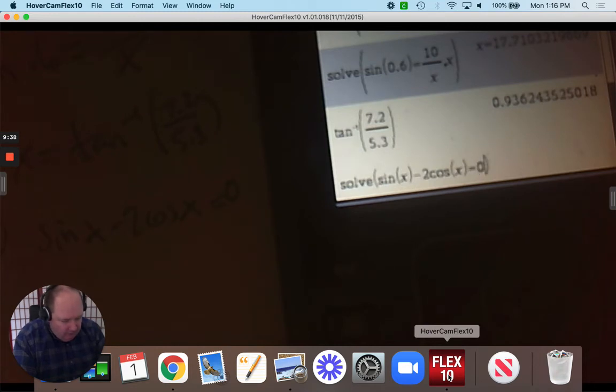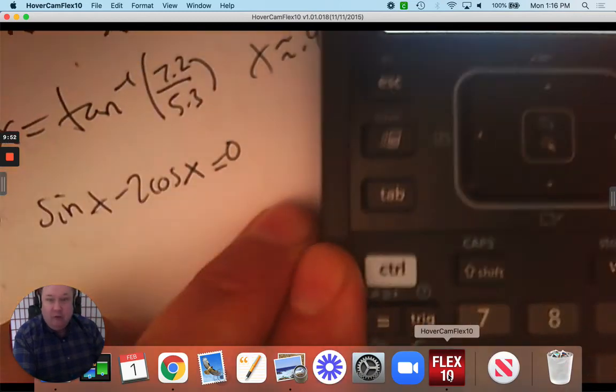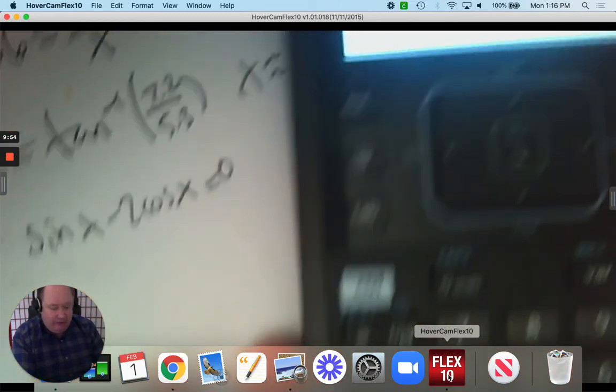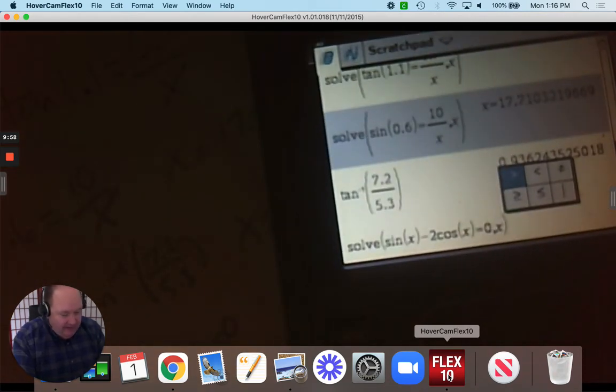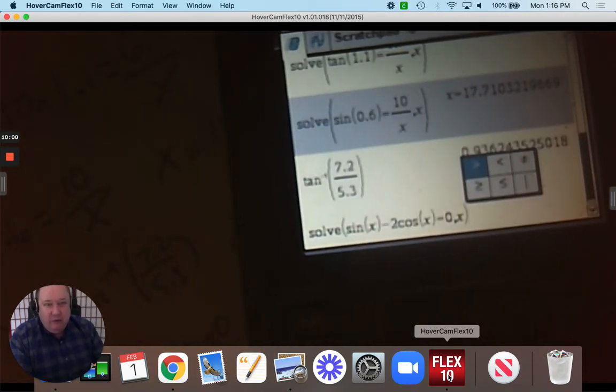And then we're going to go comma x. That's not the hard part. And then we're going to create a restriction. So I want you to press Control and then equal sign. And what we're going to do is create a restriction. Well, first of all, we're going to do this.